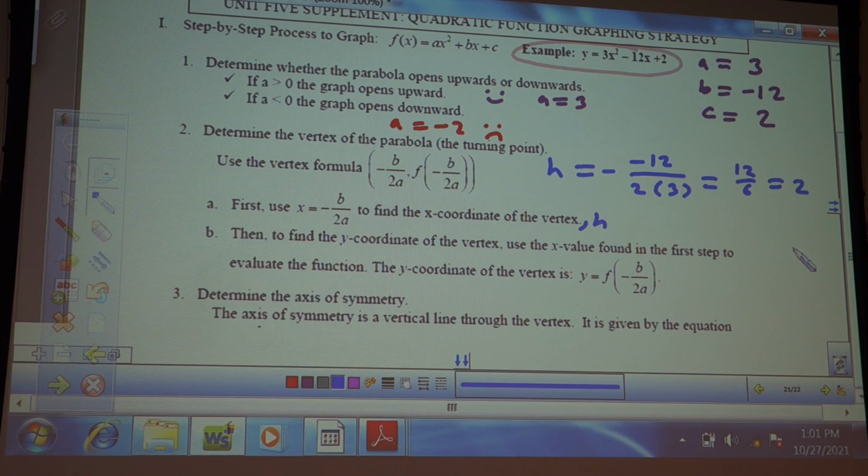I need to find my Y. So how do I find my Y? I plug it into the function. So my K is equal to, I'm going to write down my function just like it is: 3 giant parentheses squared minus 12 giant parentheses plus 2.